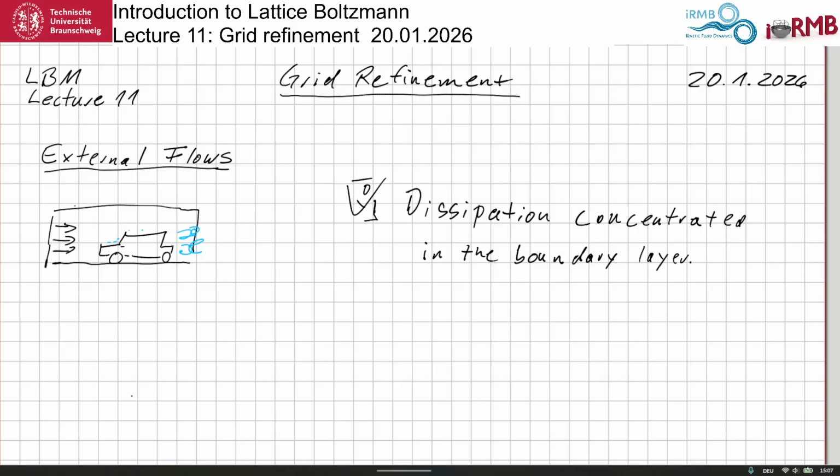You are interested in the boundary layer. You may be interested in the wake, may or may not, but mainly you're interested in the boundary layer. Outside the boundary layer, there's not much happening. And here you are not interested.